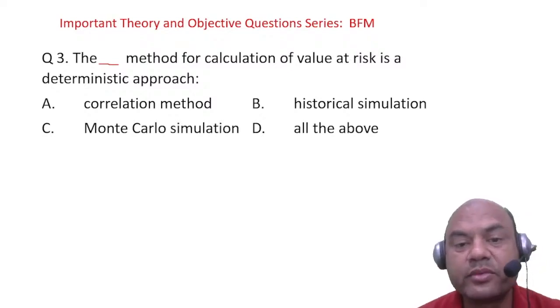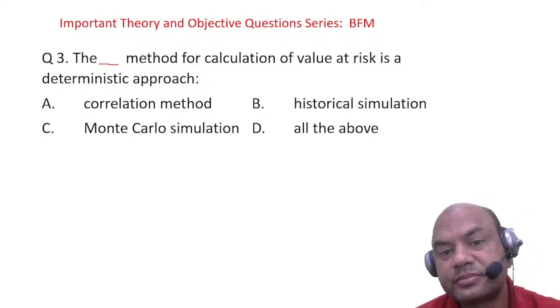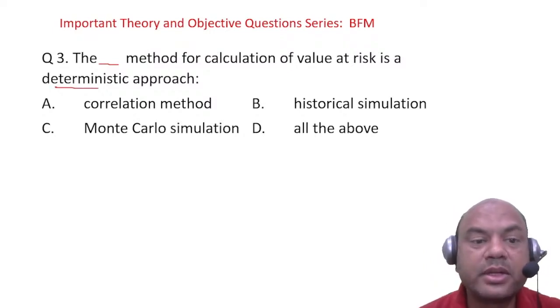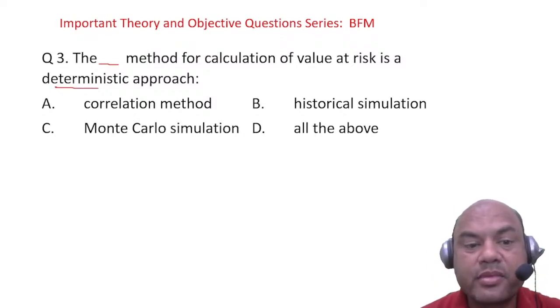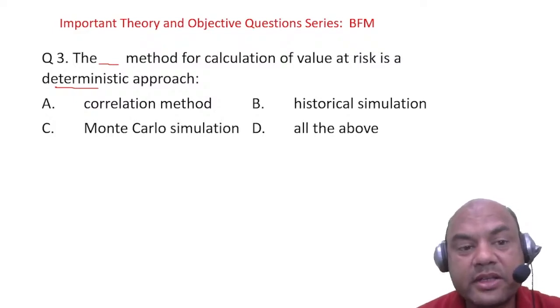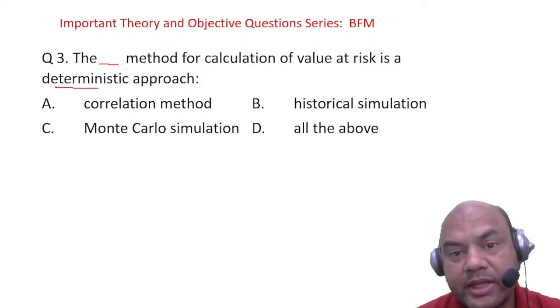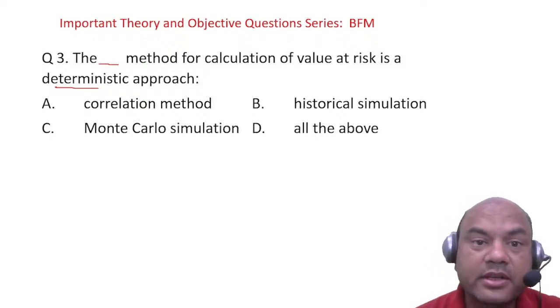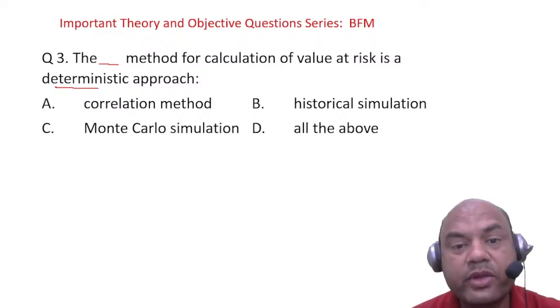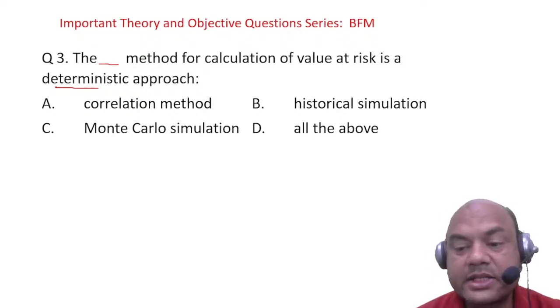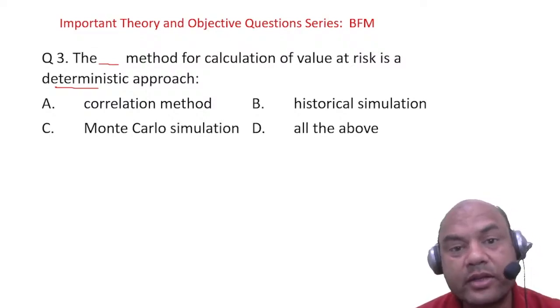Firstly, what is deterministic? Deterministic means there is a relationship between the two parameters. That's the meaning of the word deterministic. And the relationship between two parameters is used in which method?